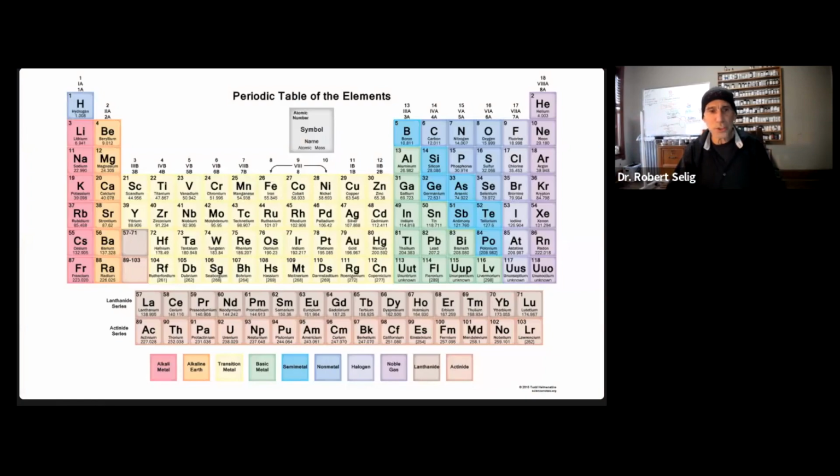Now, when we look at the 12 salts, we're going to be using 3 sodiums, 3 potassiums, 3 calciums, 1 magnesium, 1 iron, and 1 silica, and that will give us the 12 salts. So the cations are on the left: the sodium, potassium, calcium, magnesium are your cations.